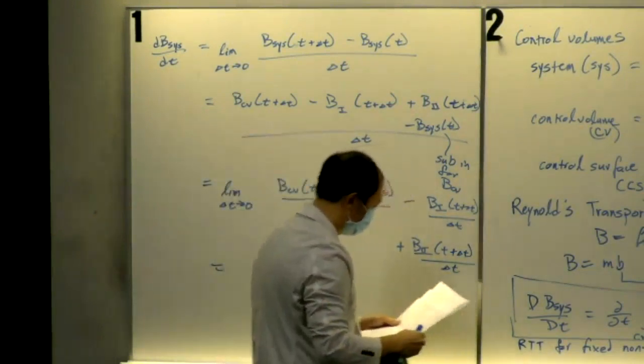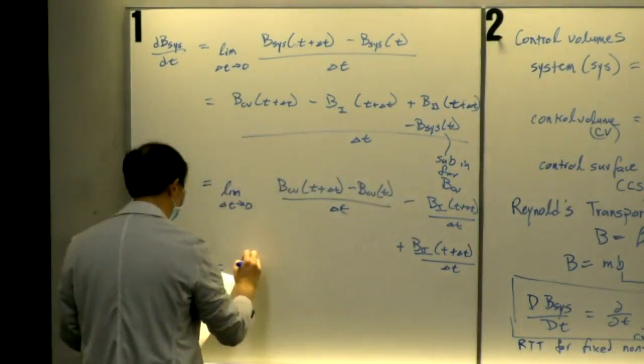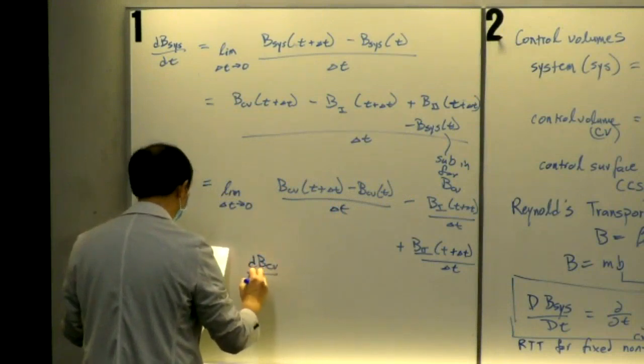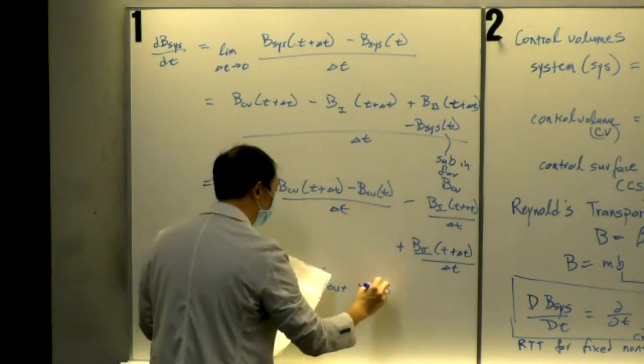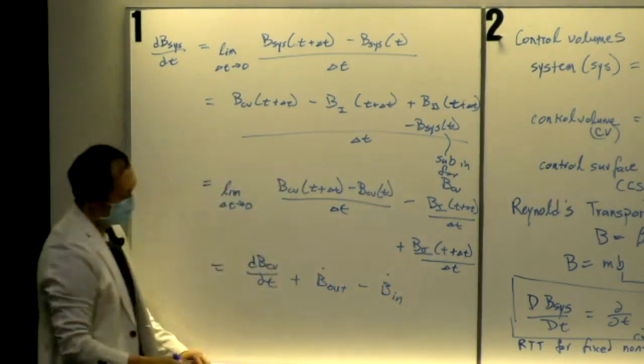So those 3 terms are dV dt plus what we call capital B out minus B dot n. Those are the flux terms.